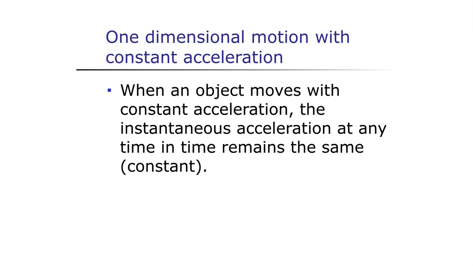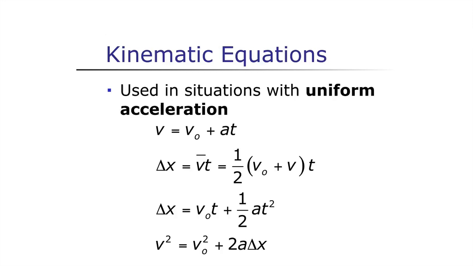One-dimensional motion with constant acceleration. If acceleration is involved in a motion, you can do some calculations that involve different given parameters using the following equations. Those equations are known as kinematic equations.